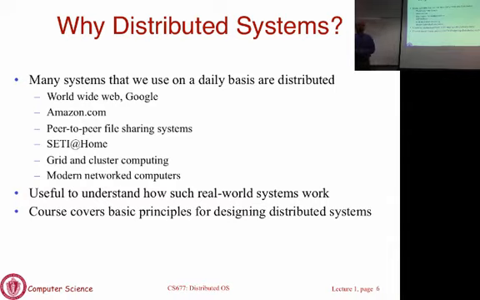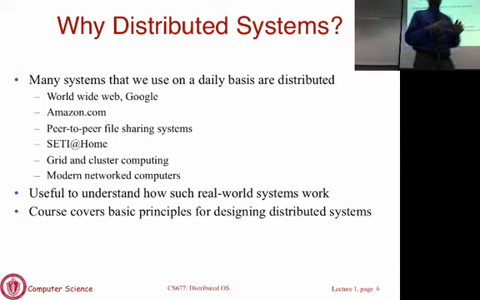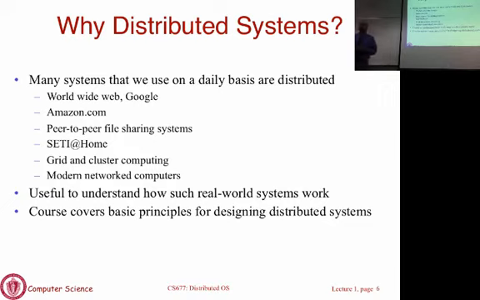It's useful to understand how real world systems work. And what we will do here is cover the basic principles, because this is a core graduate course. So we start with the basics of distributed systems, and as I said, towards the end we have special topics which will shed some insight as to how some specific systems were built using the basic principles we would have studied by then.